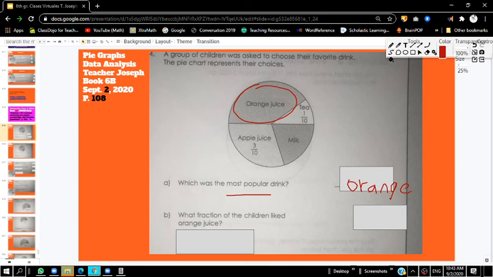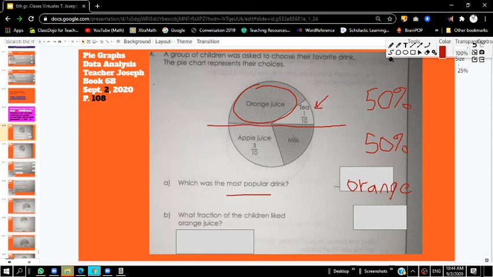Well, that's a good question. If we split this graph into two, in other words, into half, we know that this part is 50%, and this part is also 50%, because 50 plus 50 equals 100%. Now, we also know that this part right here of the 50 is 1/10.